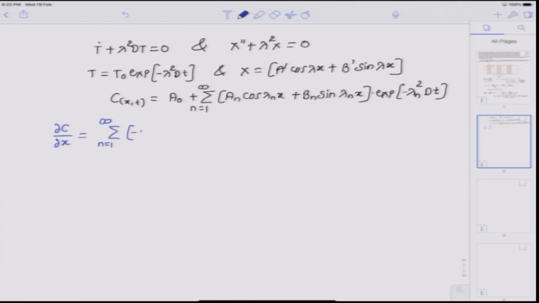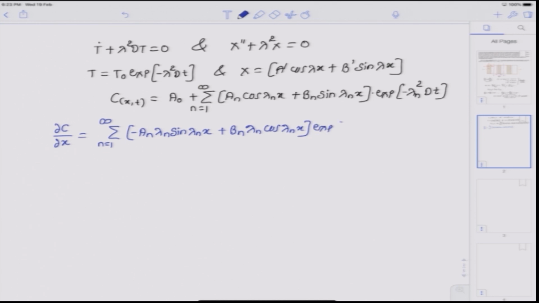So, this would be minus a_n λ_n sin λ_n x plus b_n λ_n cos λ_n x, and the exponential term is independent of x.